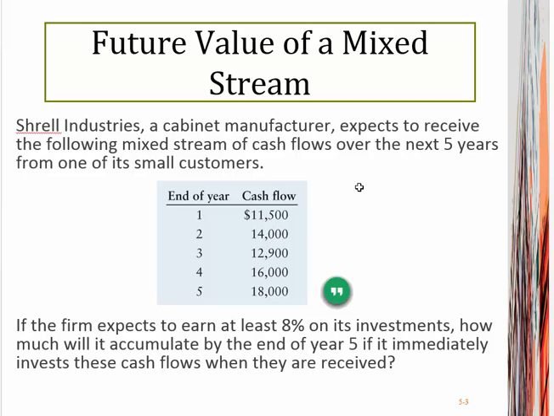We do this all the time with our 401ks, our savings accounts, etc. We're constantly gathering funds, receiving money, and reinvesting it. This is a way to calculate how much we would have at an end period.